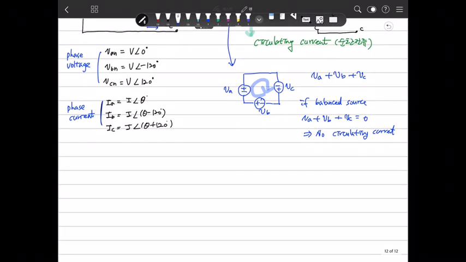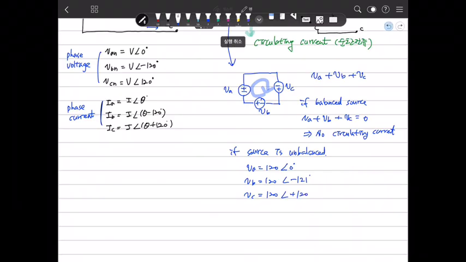But however, if the source is unbalanced, for example, VA is 120 at 0 degrees, VB is the same magnitude but the phase angle is minus 121, VC is the same magnitude but this angle is plus 121 degrees. Then in this case VA plus VB plus VC is not 0, and we have to calculate here.